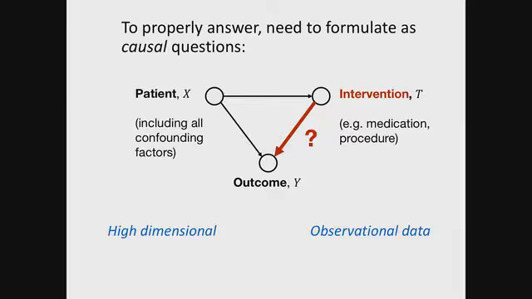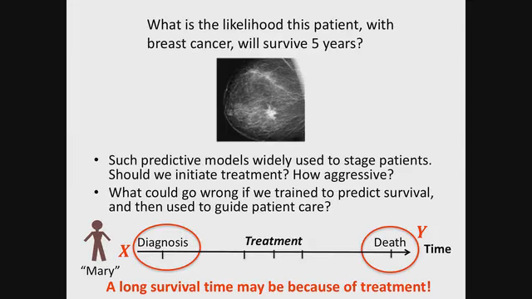All right, so let's try to instantiate this. So we'll start with this example. X might be what you know about the patient at diagnosis. T, I'm going to assume, for the purposes of today's class, is a decision between 2 different treatment plans.